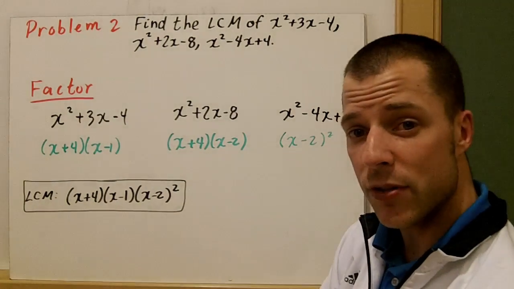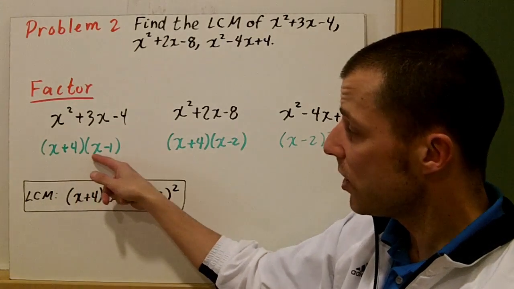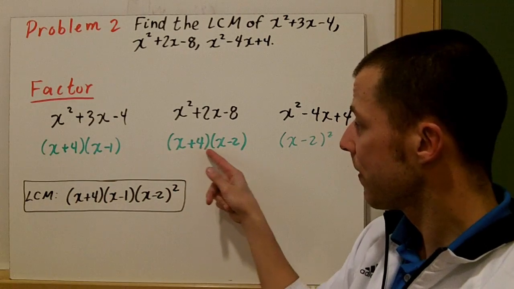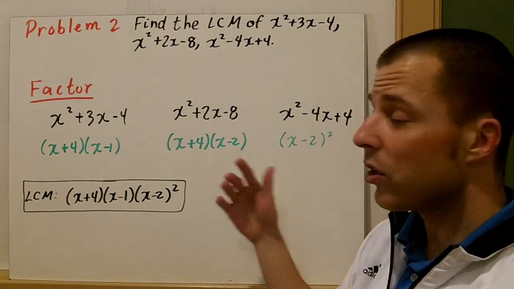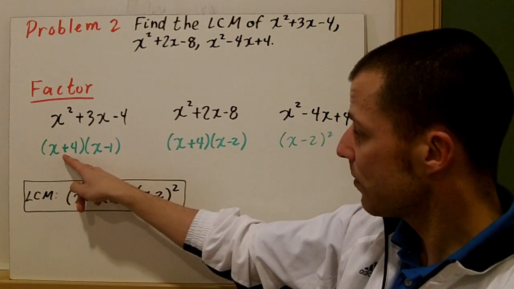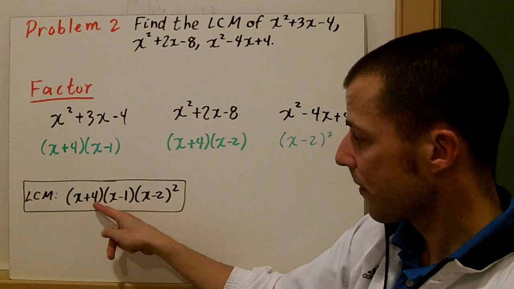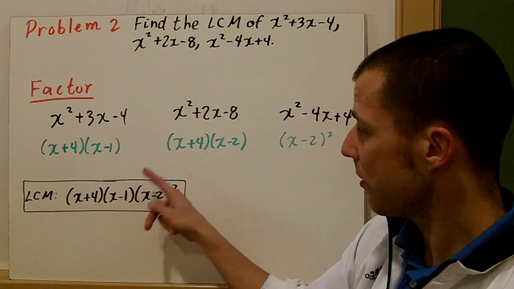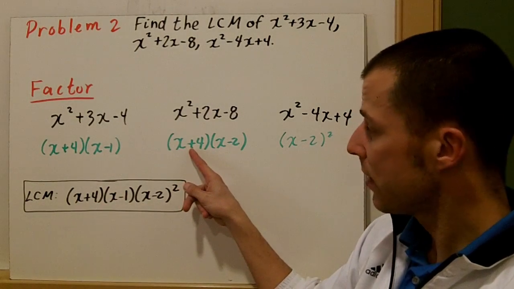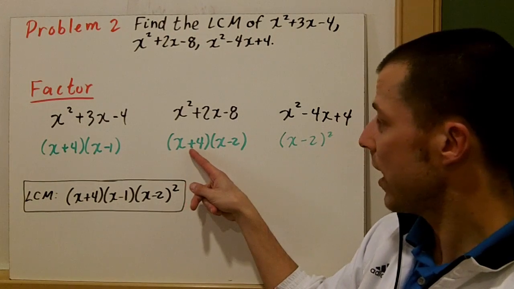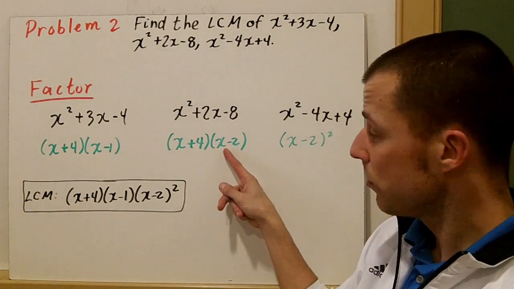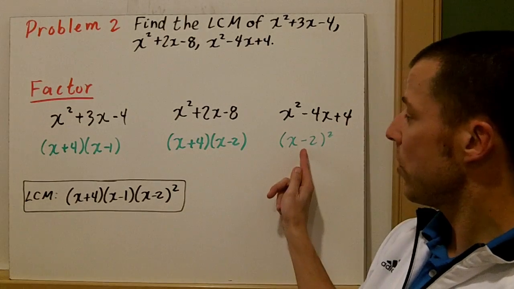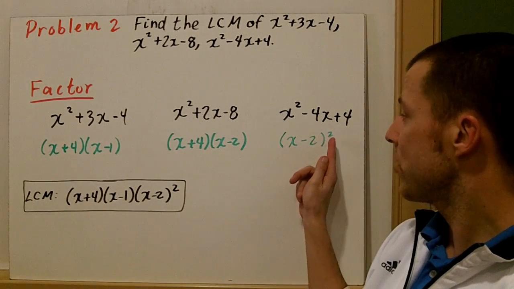So the least common multiple is each of these prime factors taken to the largest power. So we have x plus 4 and x minus 1. We multiply those together. Don't repeat this x plus 4. We see x minus 2, so that's going to come down. But if we notice here, we have x minus 2 and that's squared.